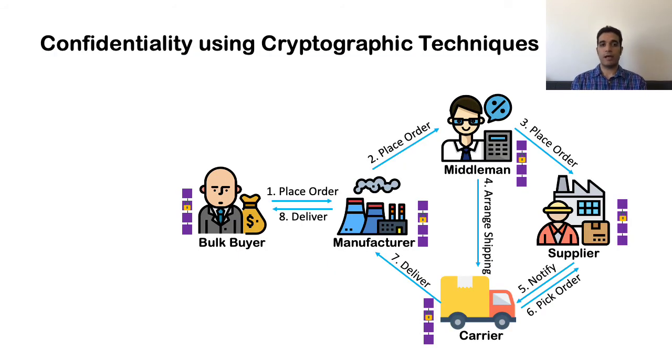And another way again to address confidentiality is using cryptographic techniques. So we can still maintain the same blockchain ledger on every node, but we can use cryptographic techniques and basically encrypt some private transactions.